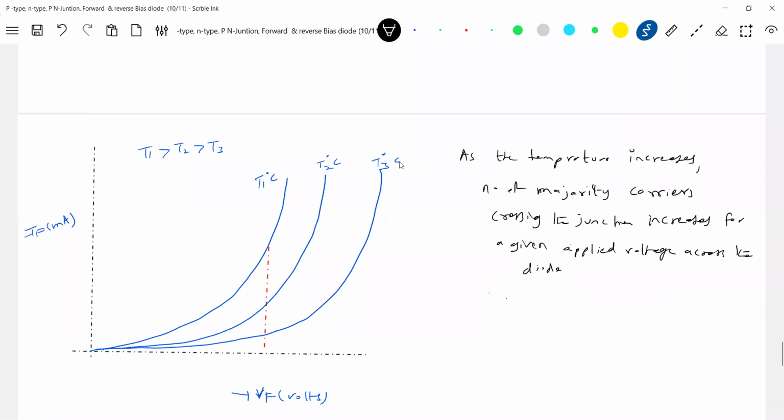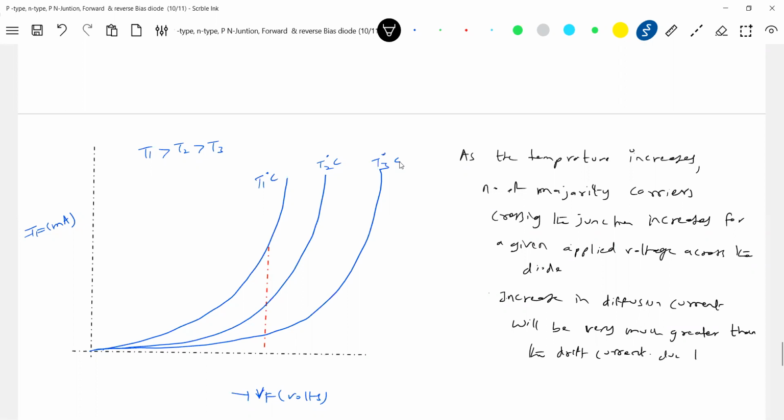Let me put it simply: the increase in diffusion current will be very much greater than the drift current due to the rise in temperature. I'm not saying the drift current will not change, it will change, but it'll be negligible compared to the change in the diffusion current.